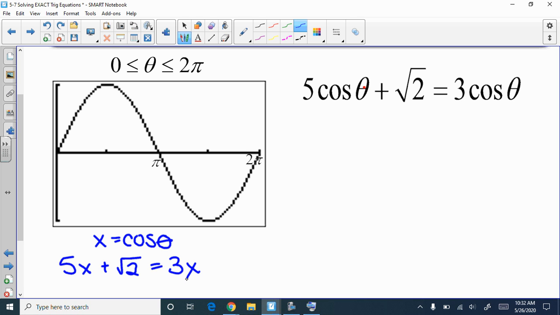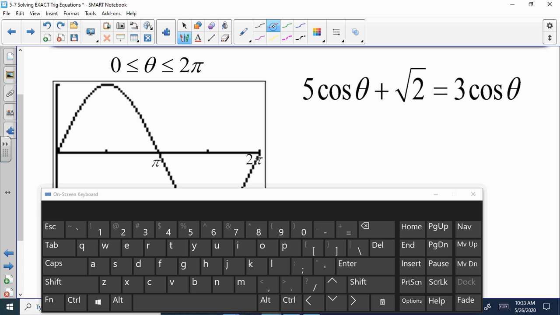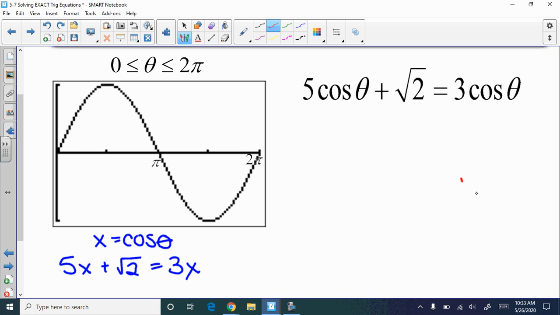And I know that each and every one of you knows how to solve that equation. So now you just have to use that information to help you solve these problems. The first thing we would try to do here is put our x's together, and so I can subtract 5 cosine theta from both sides.